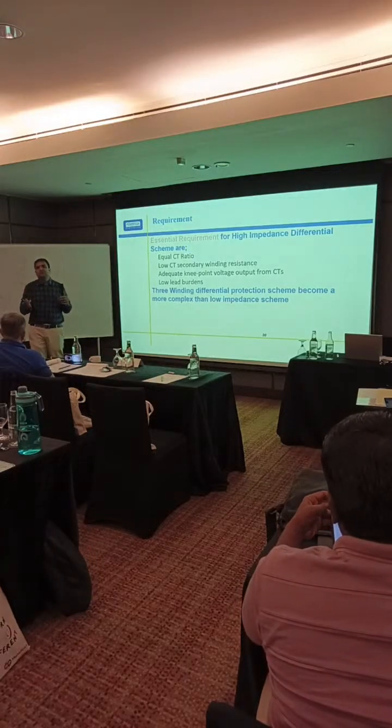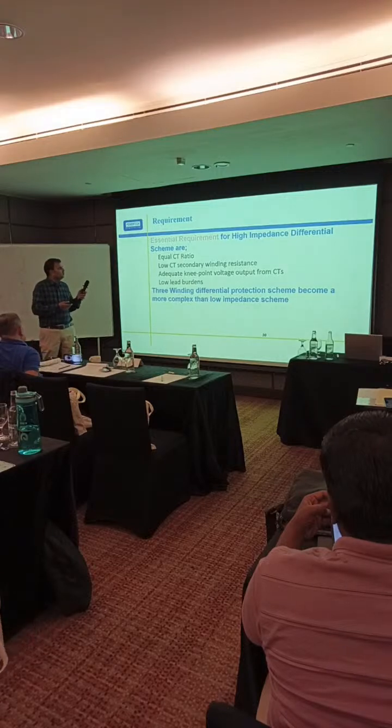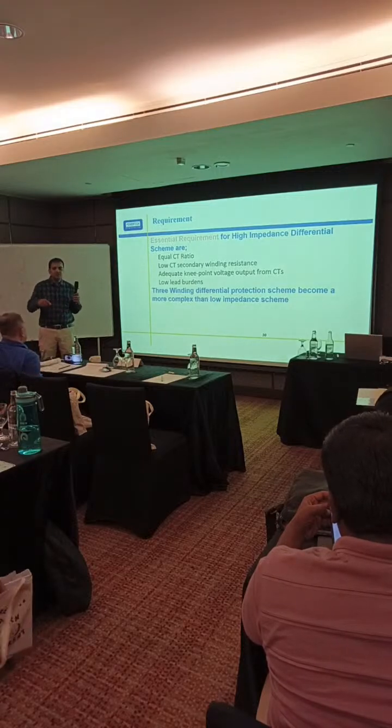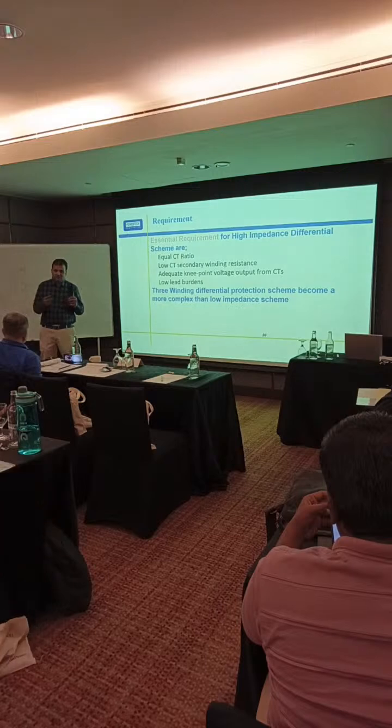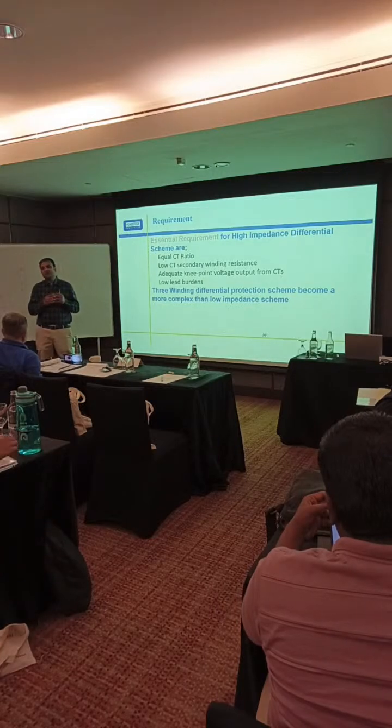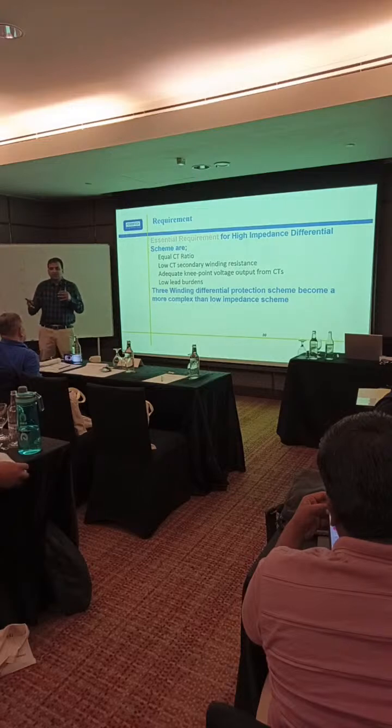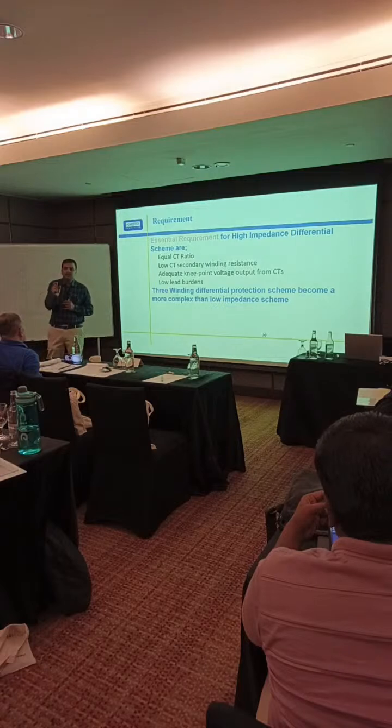Even if you use high impedance differential through a numerical relay, it still cannot explain what actually happened during the fault condition, because it can tell only the difference current.